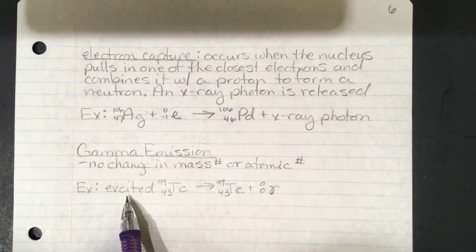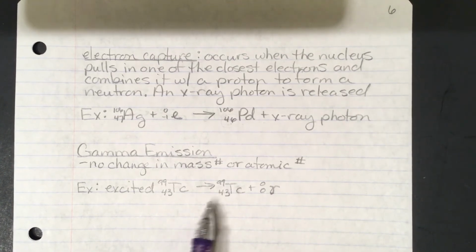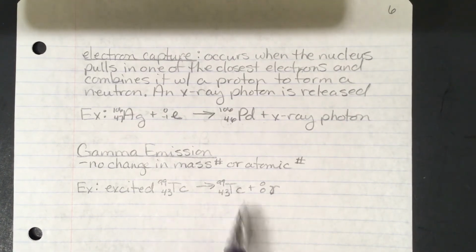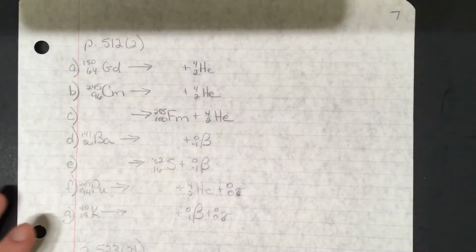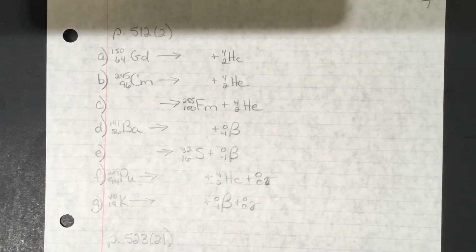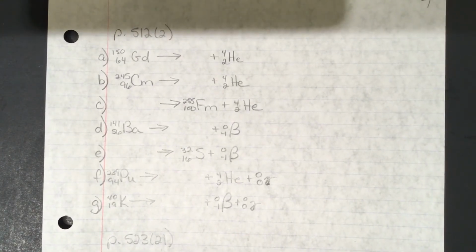So an example would be excited technetium releases a gamma ray, and it stays exactly the same. It's still technetium, but it's releasing radiation. Okay? So what you will see on your test is you'll see some problems like this. And these are from page 512, number 2.